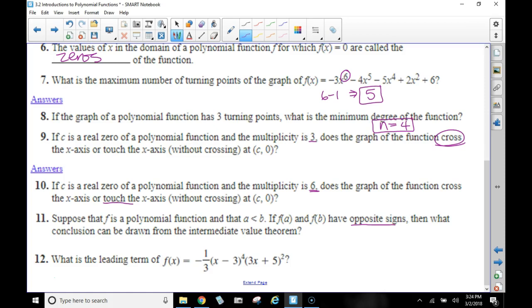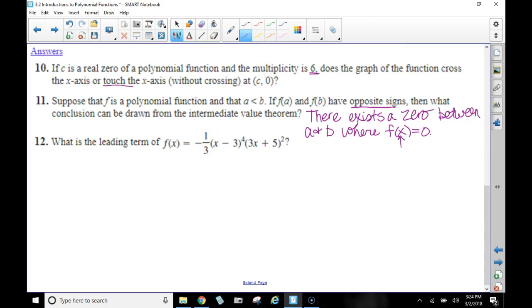If they have opposite signs, then there exists a zero between a and b, okay, where our function at that zero is equal to 0. It basically crosses the x-axis is another way to say all that, okay?